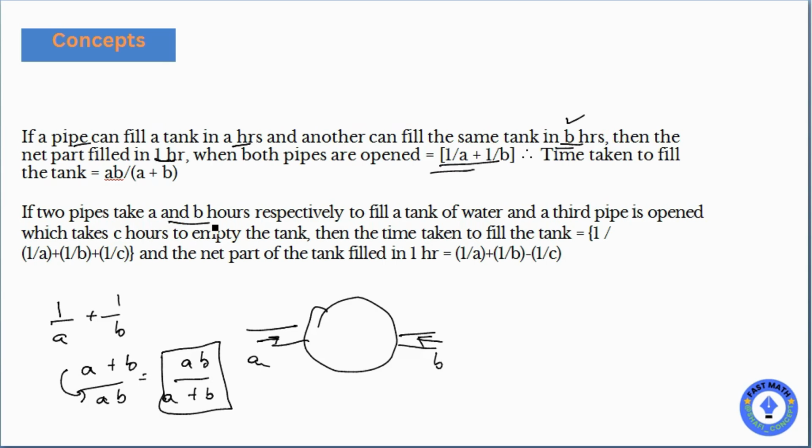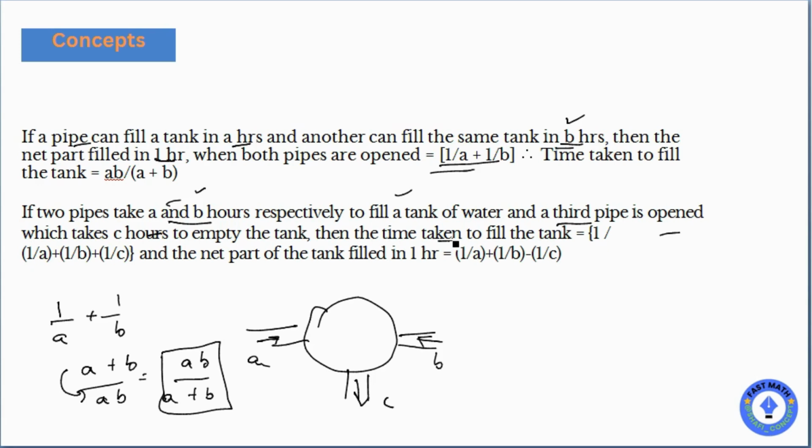If two pipes A and B are filling the tank, and the third pipe is discharging the water, in C hours. That means the third one is kept here, but it is discharging the water, that is, water is coming out of the tank.